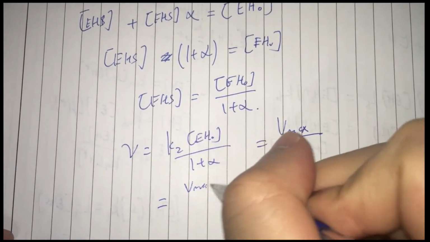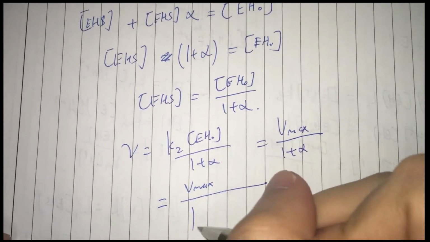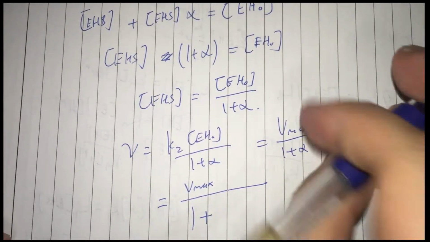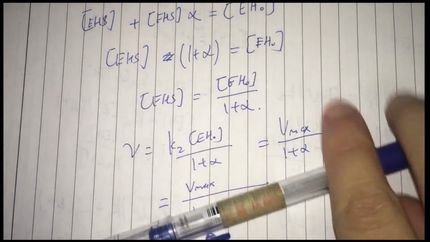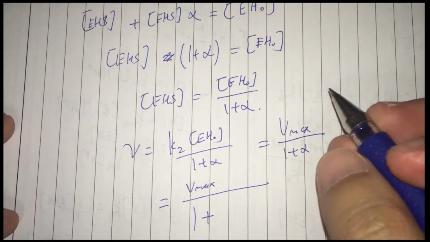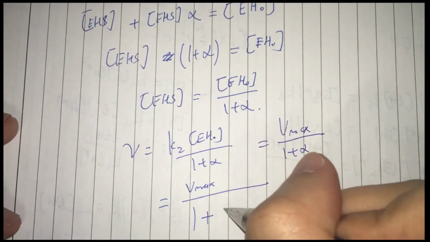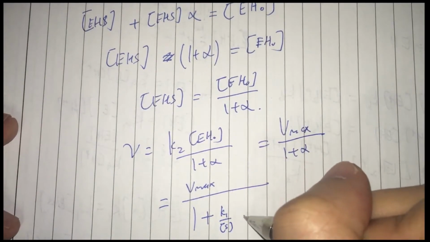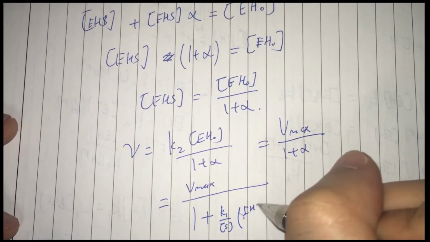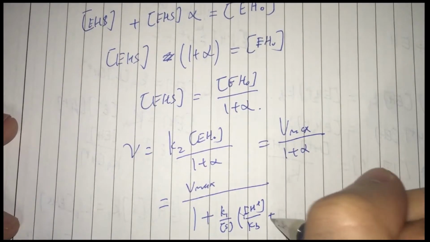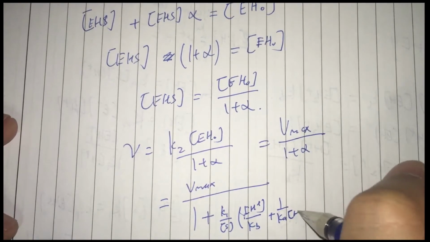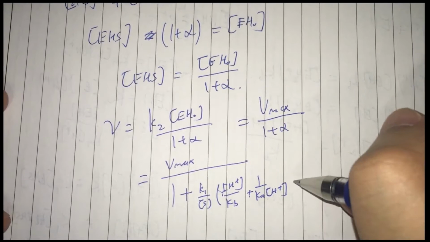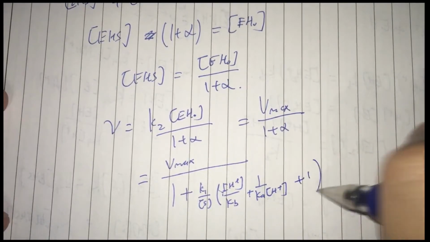So Vmax over 1 plus, so this is a theoretical Vmax again, K1 over S times H plus over KB plus 1 over KA into H plus. So all this plus 1.